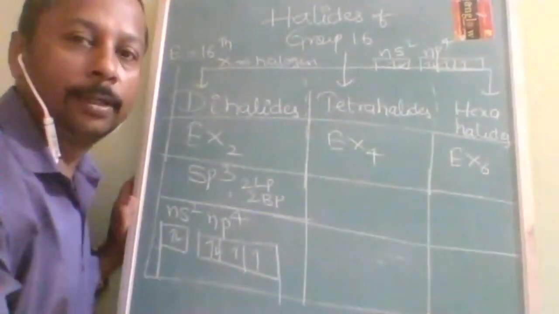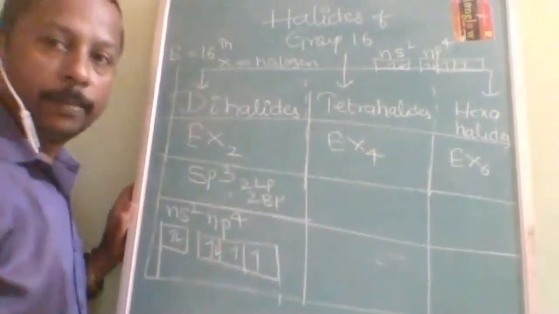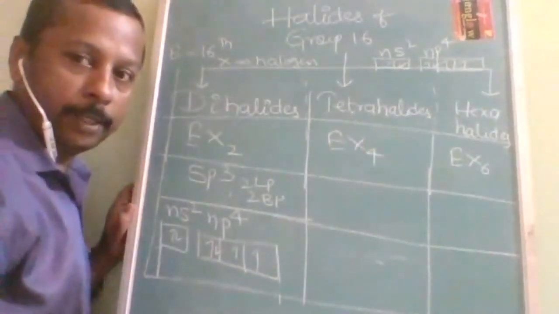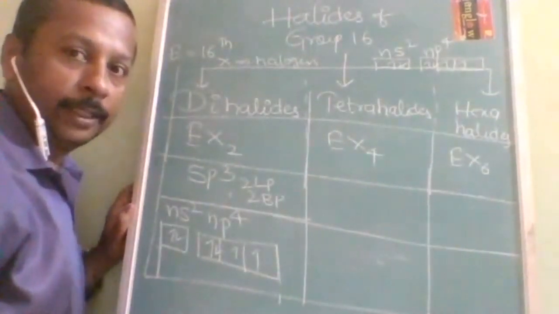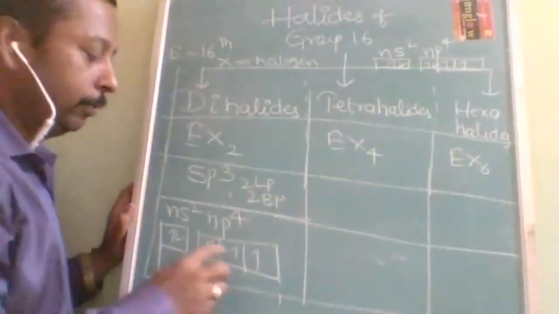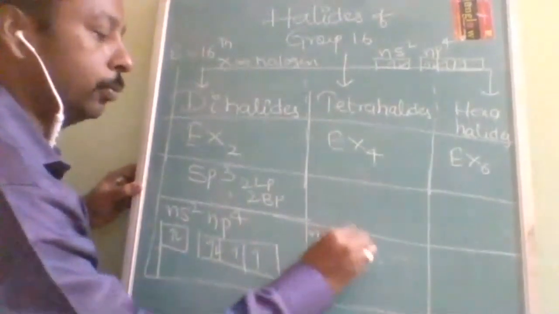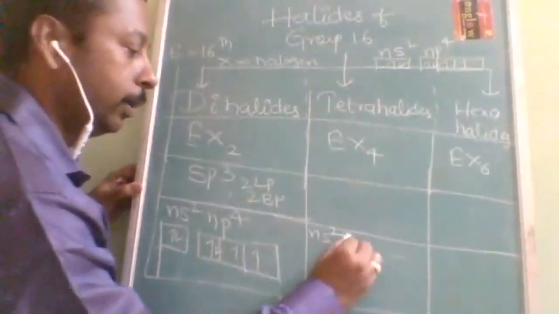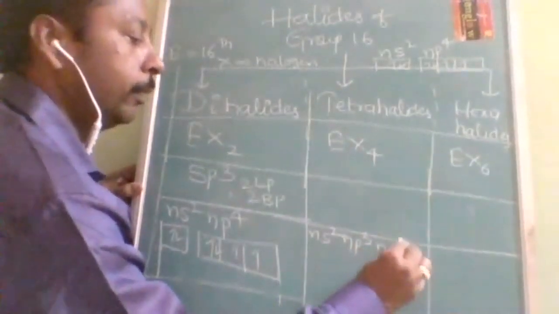Now coming to EX4. Here how many unpaired electrons are required? Four unpaired electrons are required. For that it should provide more unpaired electrons, so it will excite an electron. Now it will be ns2, but np3 and nd1.